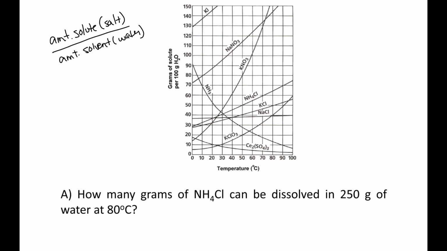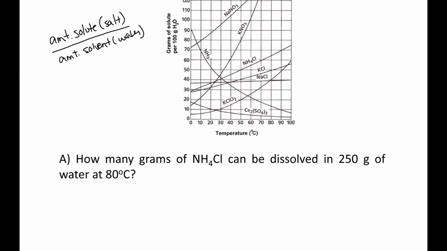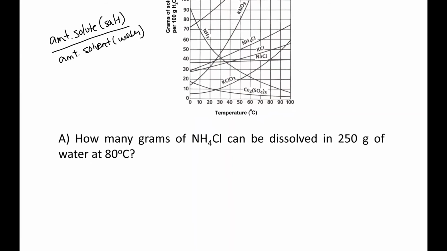Okay, so let's move this up a little bit. Okay, so basically we know that we have 100 grams of water to start with, and we're looking for 250 grams. Okay, now we're looking for the amount in 250 grams.